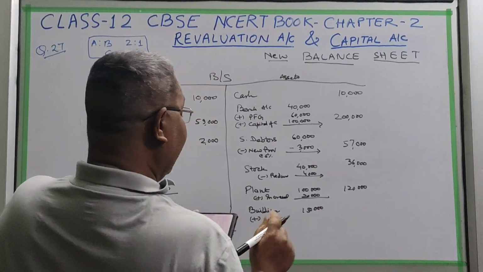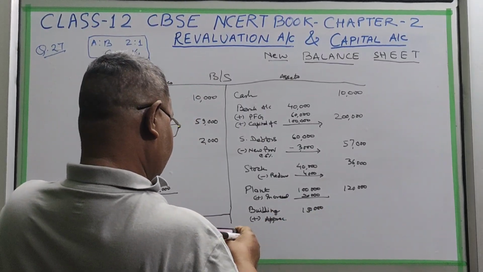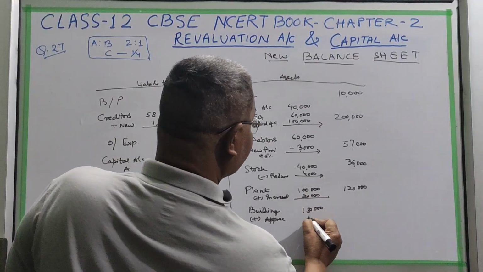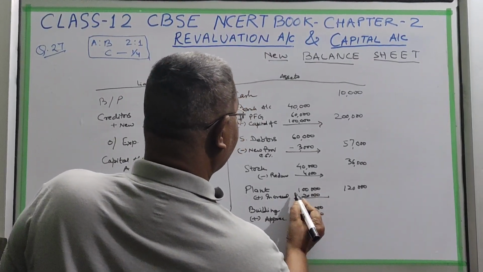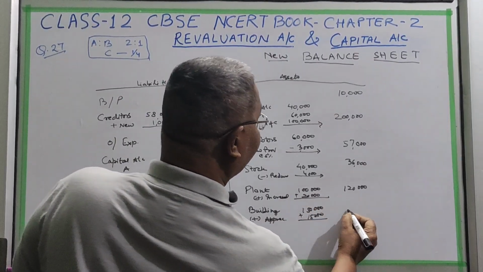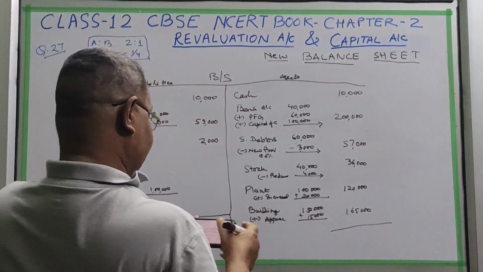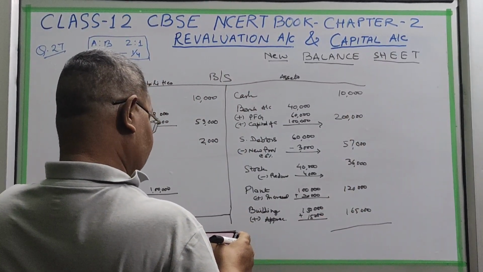Appreciation means increase, depreciation means reduced. So building is also to be appreciated by 10%. So 15,000 was here plus. So 1,65,000. So this side, these are the figures. I will make a total of it.